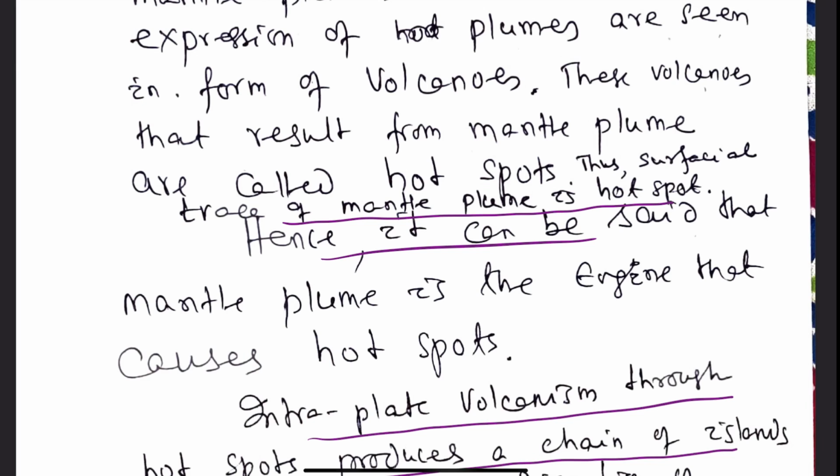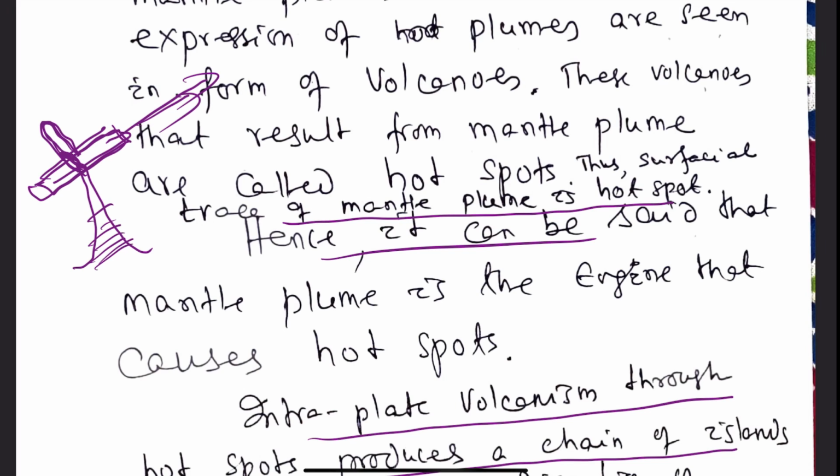As we know, the plates are not fixed bodies on the earth's surface. The plates are in motion with respect to one another, and mantle plumes are generally found to be fixed in their location. So, when the plate is moving over this mantle plume and extrusion takes place over the moving lithosphere, a mountain-like mass is being created over the lithosphere, and if it moves further, the mantle plume is having its fixed location, so the plate will come over here.